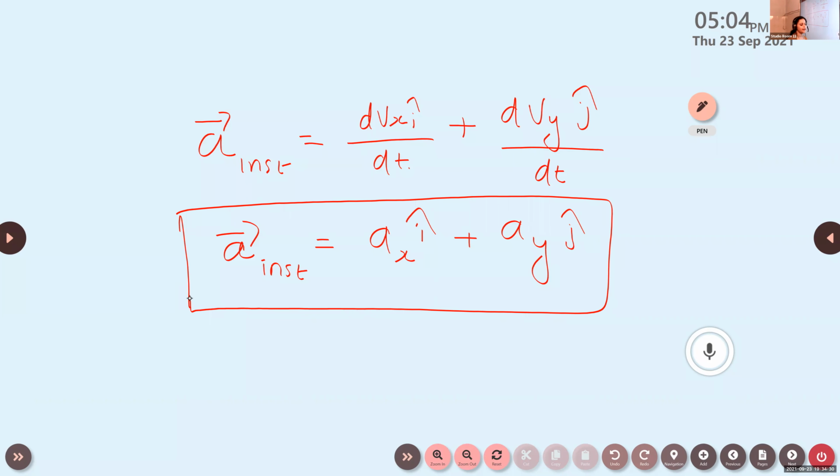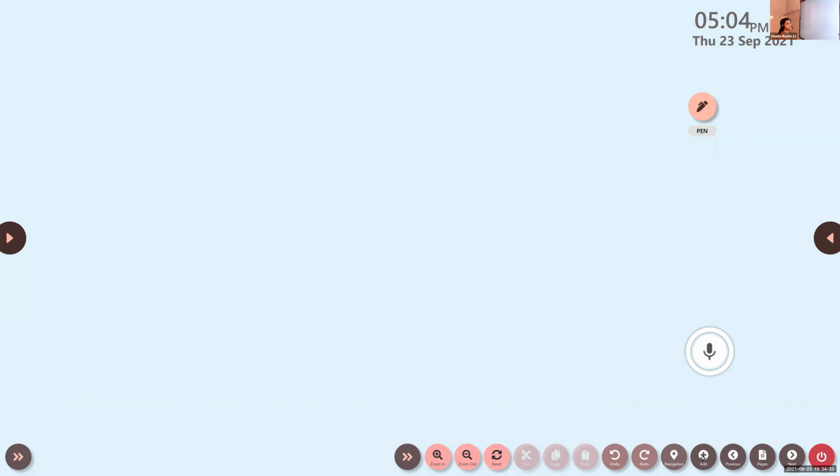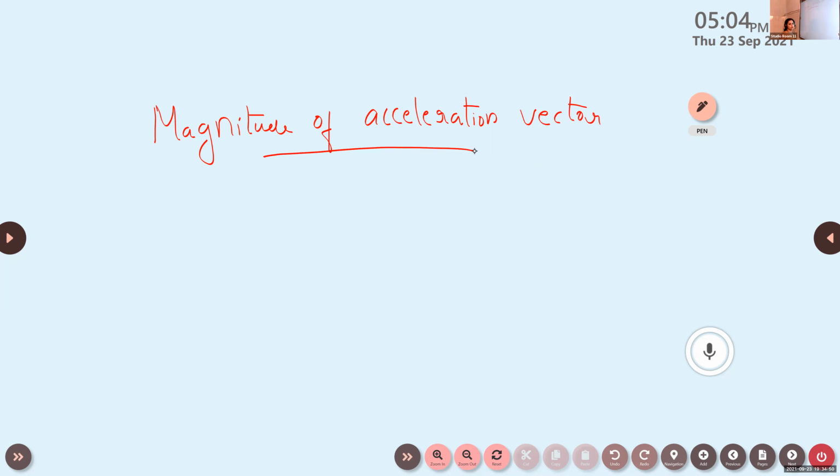The next point, we want to write the equation for magnitude of acceleration. Magnitude of acceleration vector. If we have the acceleration vector, then we can calculate the magnitude by modulus of vector A is equal to, try to guess the equation. How can we calculate the magnitude?